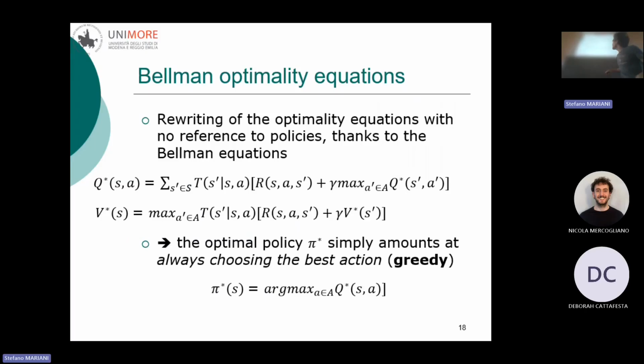So, what we are saying is that, given that we define the optimal Q and V values, trivially, also the optimal policy is trivial. Just always pick the best action. That is, the action that leads to the maximal Q-value. That's the optimal policy. Right? Or not? Makes sense?